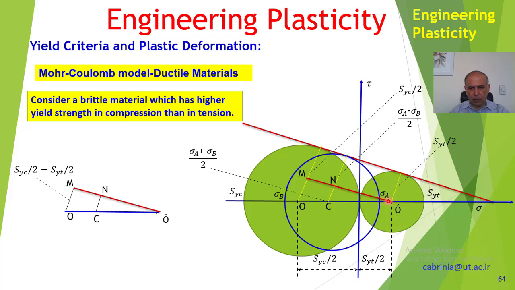Now this has been perpendicular to this, so that yellow line with that yellow line is equal. Therefore, if I subtract this part from all of it, I will get this part, or I will get OM. So OM is SYC over 2 minus SYT over 2.